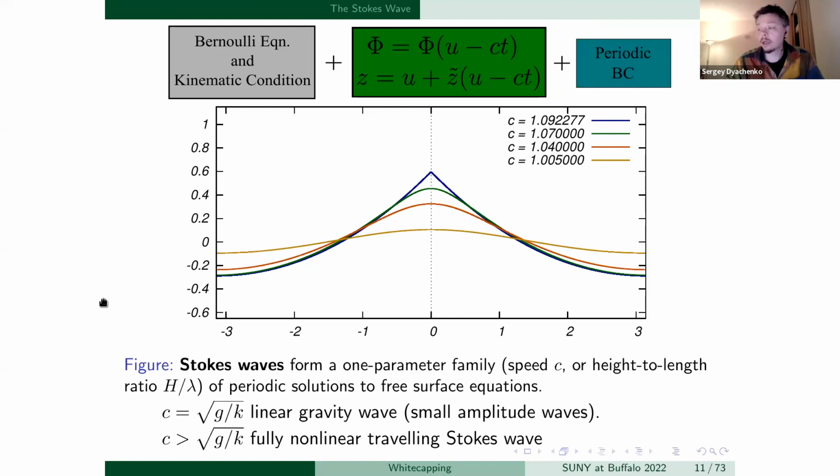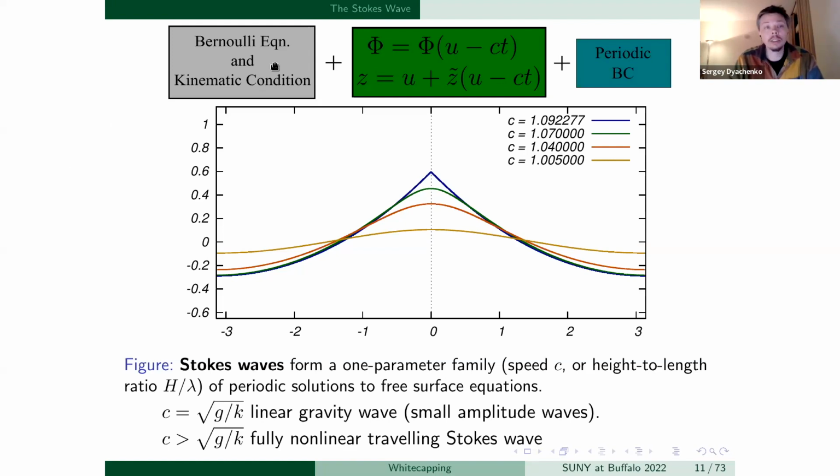Or you can write, in fact, asymptotic formulas for Stokes waves, the so-called Stokes wave expansions. But if you want to find explicitly a traveling wave solution to the Euler equations, then you typically have to do this using some kind of numerics.